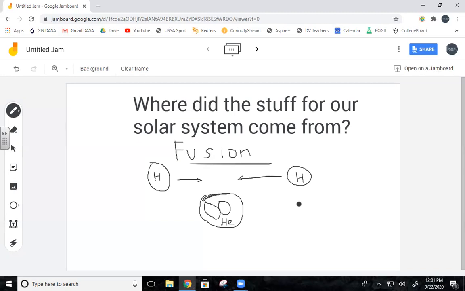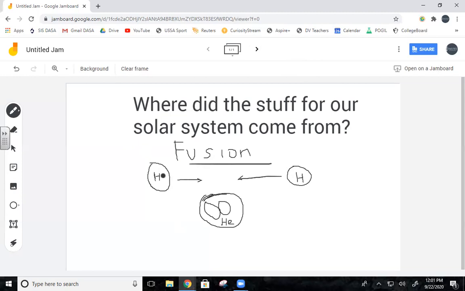Okay? So you may have heard of the hydrogen bomb or the H bomb. This is what is going on. Fusing, well, more than two, but fusing a bunch of hydrogen into helium to create a large amount of energy. Okay? So that is where more stuff is made.